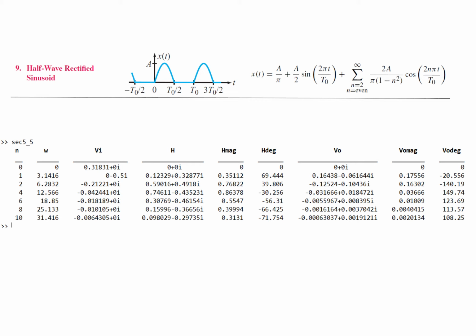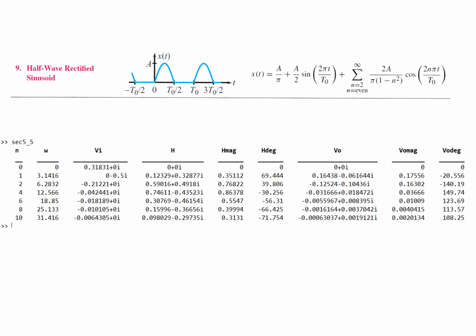Okay, so how does this apply to signal analysis and system analysis? Well, if we want to figure out what the output is for this input, we have to look at all the frequencies present. So here are the n's. They are all the even n's plus n equals 1 due to the sine component. And we figure out the input voltage phasor. Most of the input voltage phasors are real.